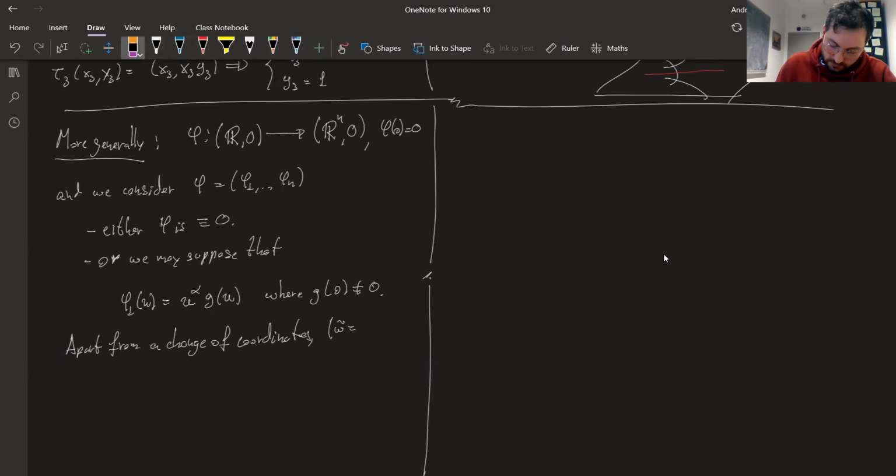I'm going faster than what I should. Since it's a unit, we can do this. We may suppose that phi 1 of u is actually equal to u to the power alpha. Oh, no, wait, alpha, sorry for this.